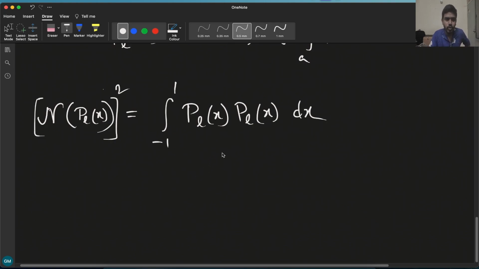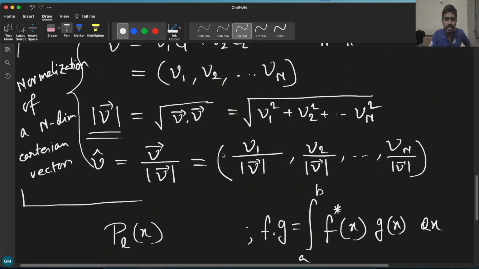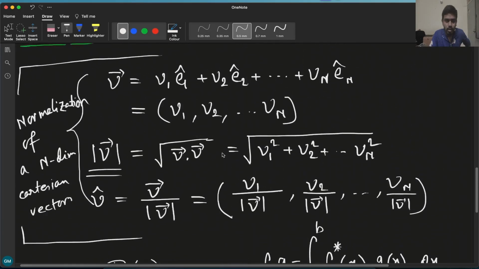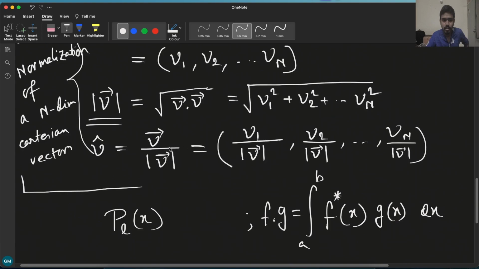Fine. So now the question is, for example, if there is a Cartesian vector v that is normalized, which means that v dot v equals 1, right? So for a normalized vector, the dot product with itself will be 1.